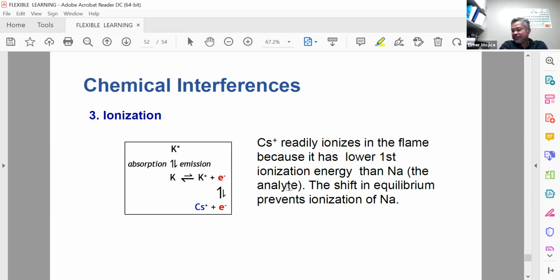So cesium would readily ionize in the flame because it has lower ionization energy than sodium. This is the analyte. So the shift of the equilibrium prevents the ionization of your sodium. So you can also use it in your potassium. I think in our experiment in determination of calcium, we also use cesium.